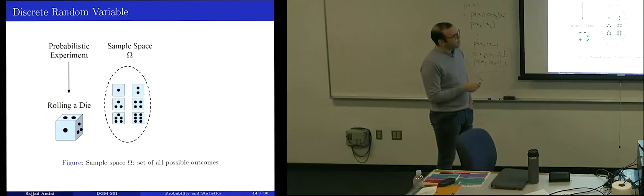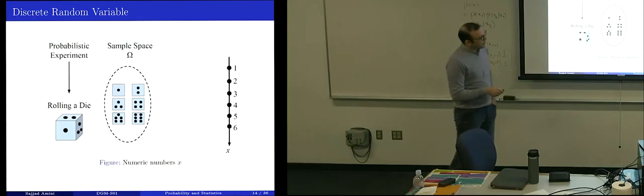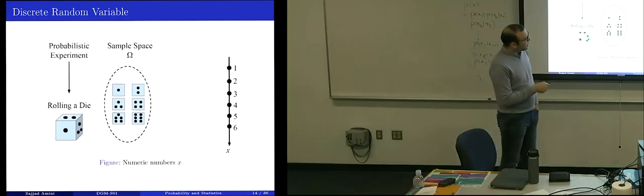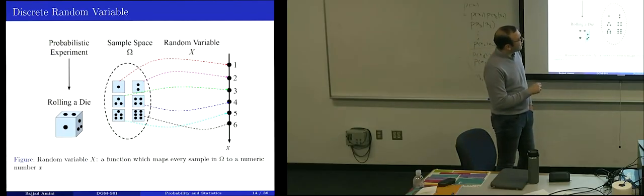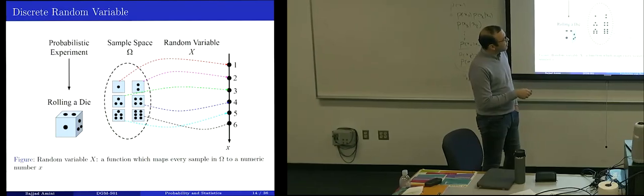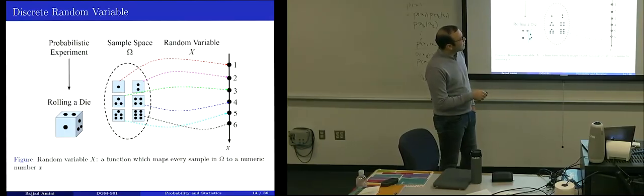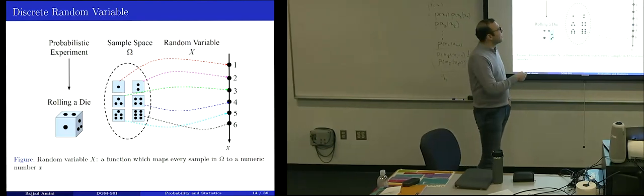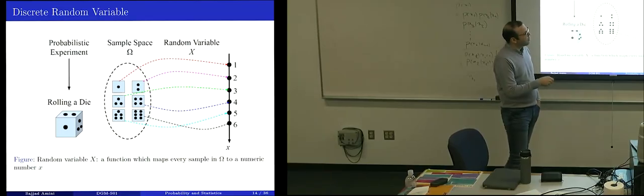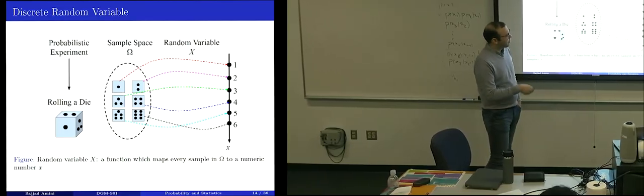One of these elements must happen in the output of your probabilistic experiment. If you define a numeric vector and design a mapping from the sample space to those numeric values, the resulting mapping is a random variable. So a random variable is a function, a mapping from the sample space into the numeric space like this.